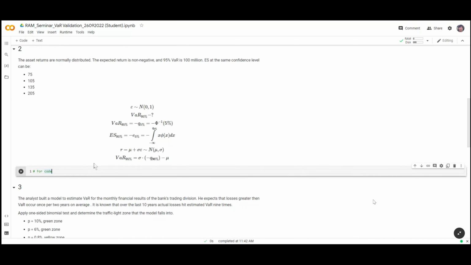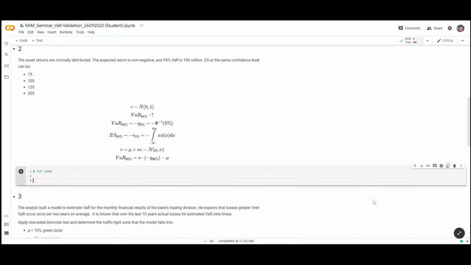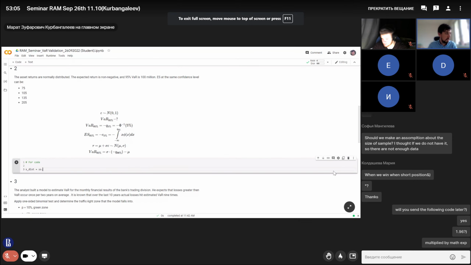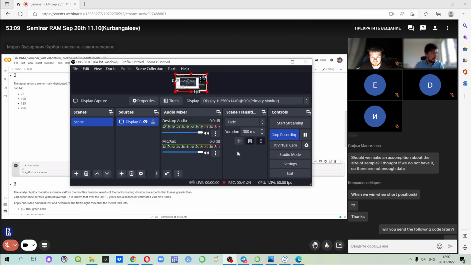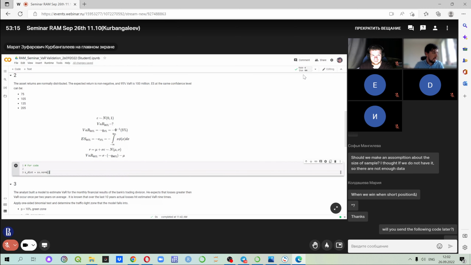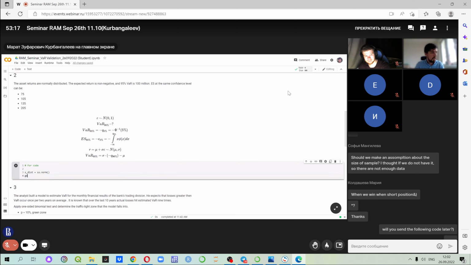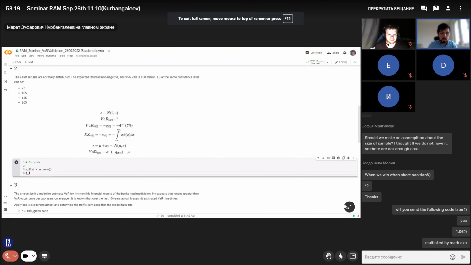So now let's see in the code. Let's see the standardized distribution, which is going to be normal, and the general distribution.